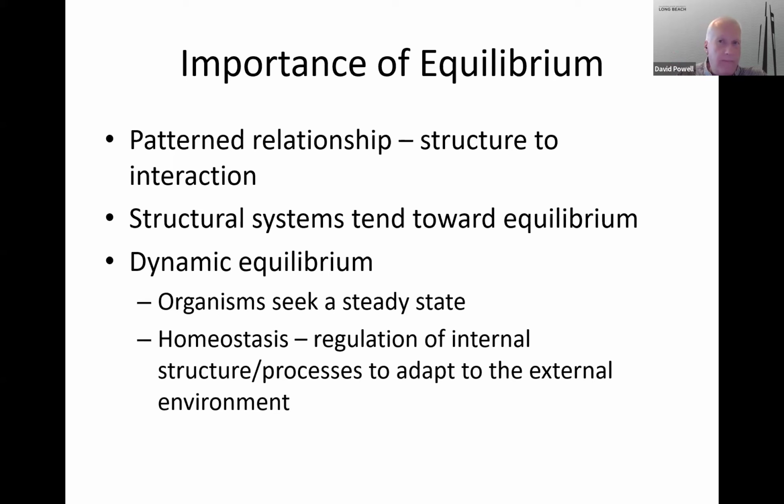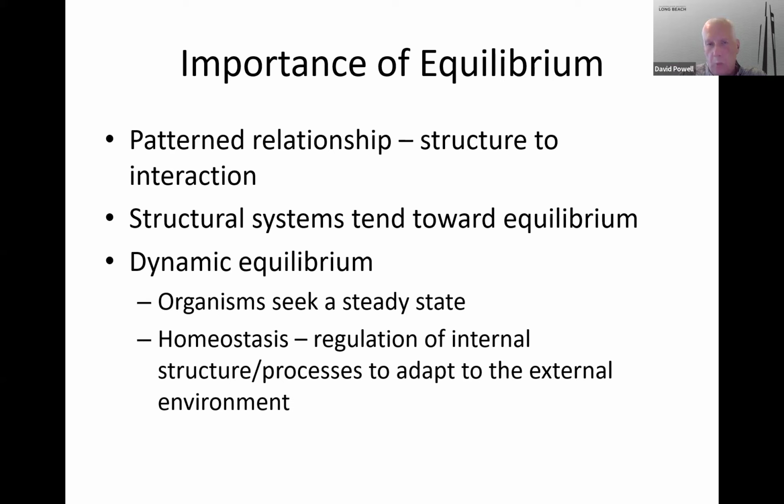That equilibrium, that balance for our open systems theorists, is a balance between the organization and its external environment. And so one of the big differences here between natural and open systems theory is that natural systems theorists are much more focused on how the external environment affects the health of the organization.